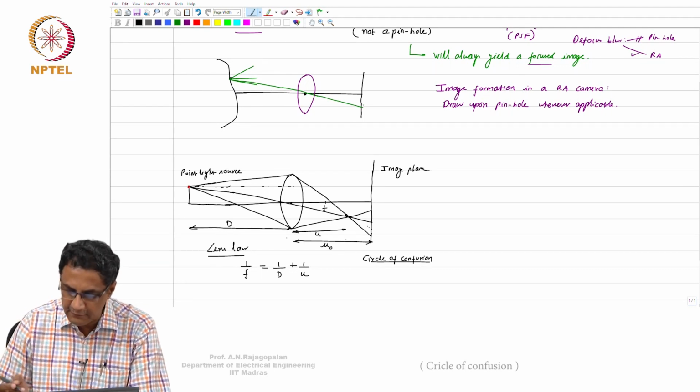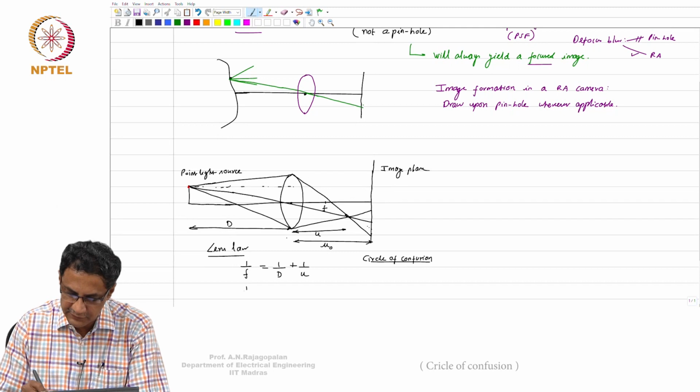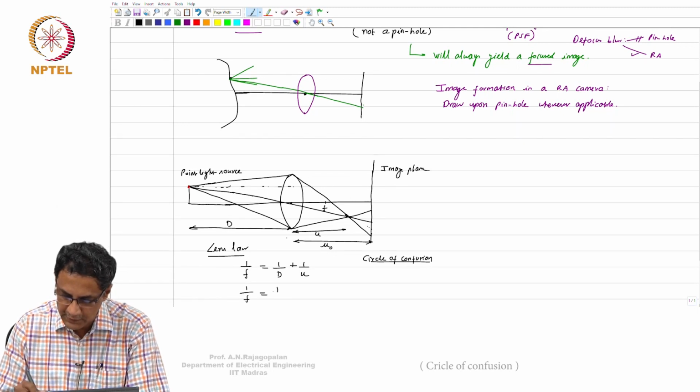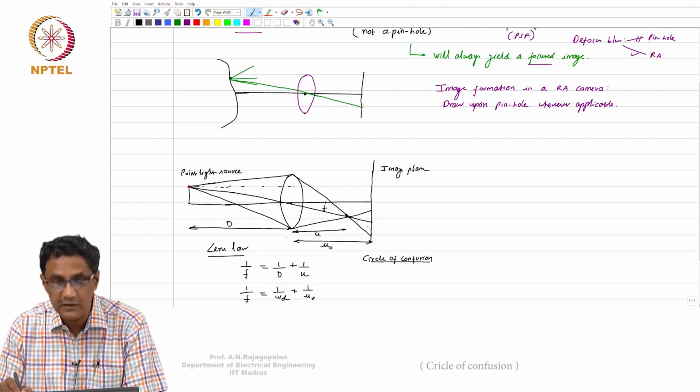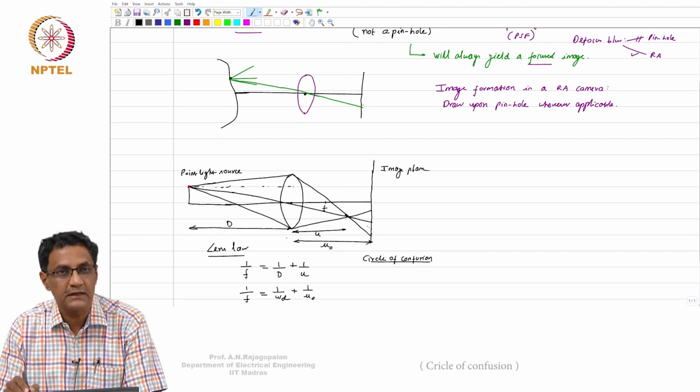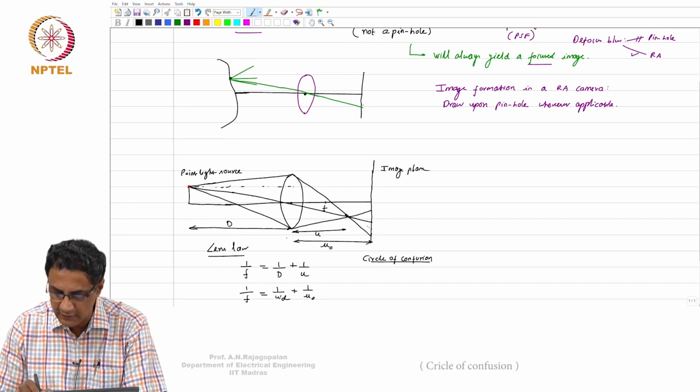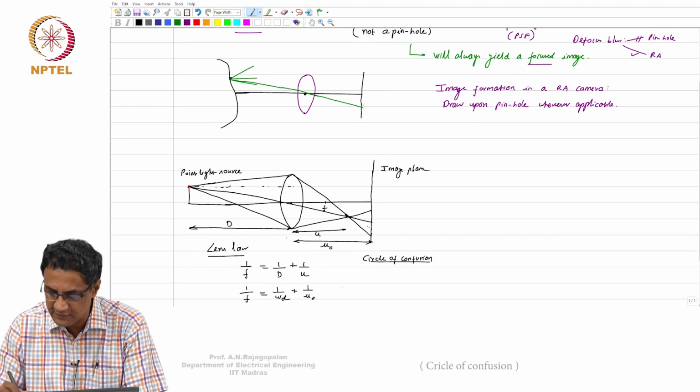Or effectively you can have another equation that says 1 by f is equal to 1 by WD plus 1 by u naught. This is the other way to interpret it. Because the image plane is at u naught and the focal length is f, there is some distance called WD, the working distance.